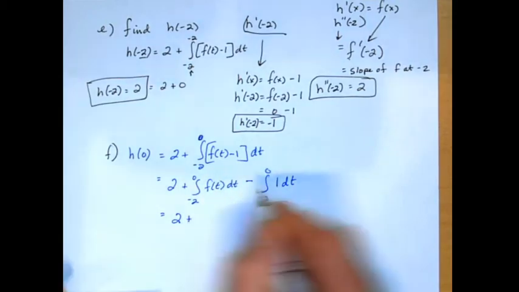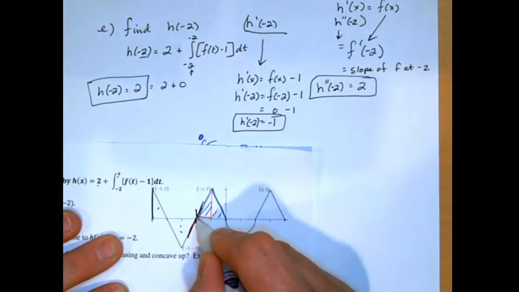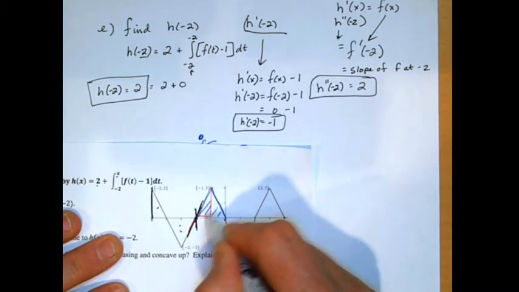So this gives you 2 plus this area. The area under the curve from negative 2 to 0 is this blue triangle right here.